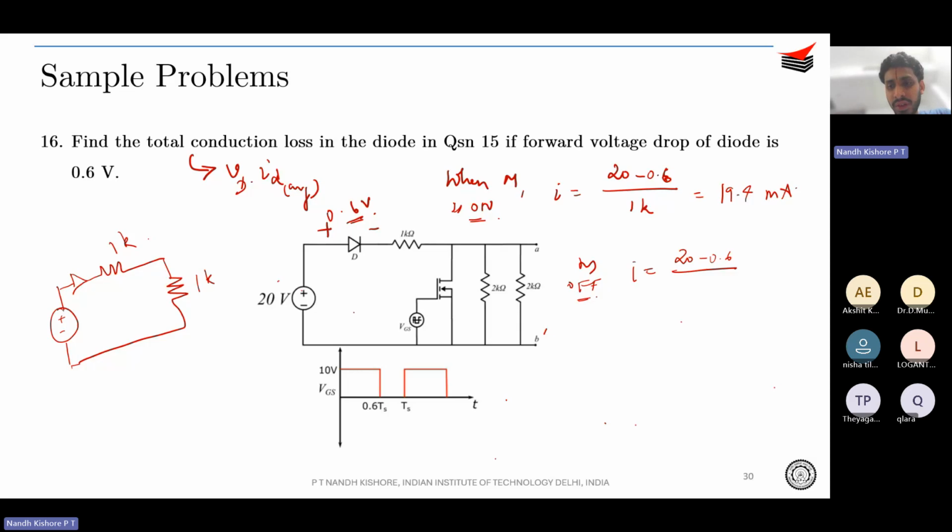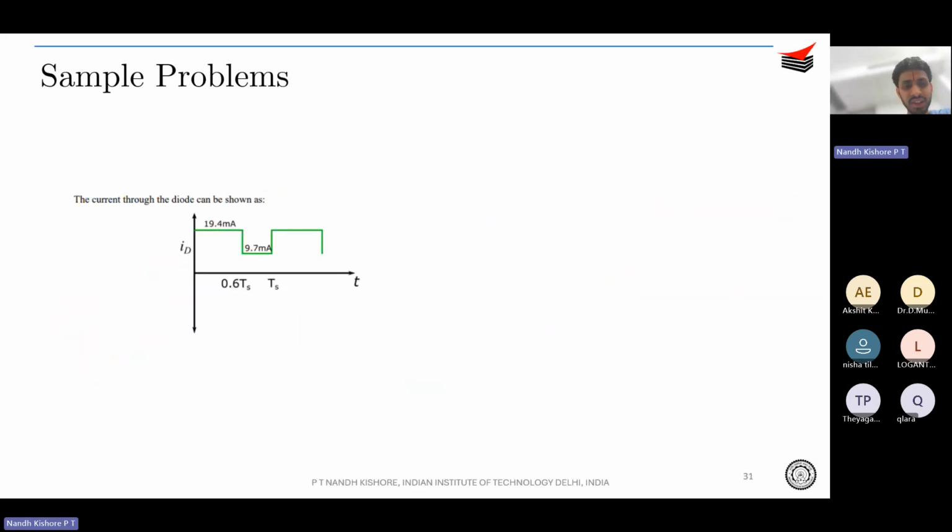So 20 minus 0.6 divided by 2K, correct? So 19.4 divided by 2, roughly 9.7 milliamps. So this is how my I will change. It will be 19.4 milliamps when the MOSFET is on, 9.7 when the MOSFET is off. You understand, right? So this is how my ID will be.